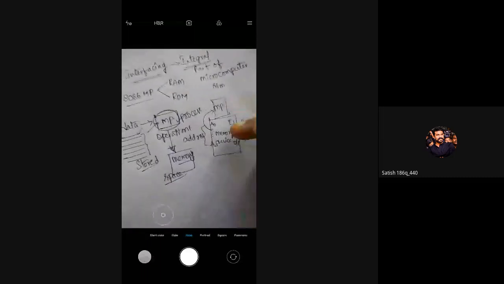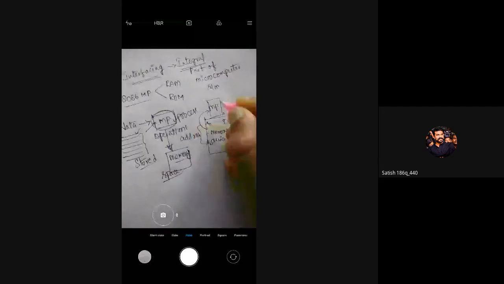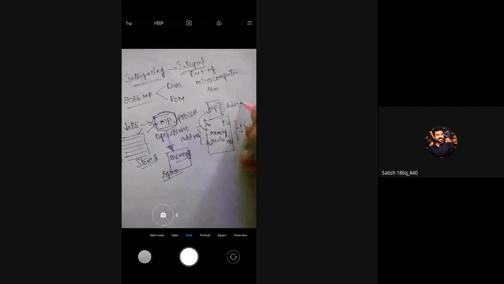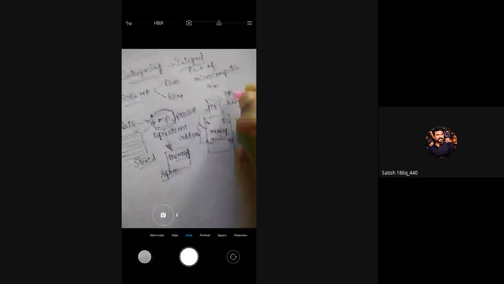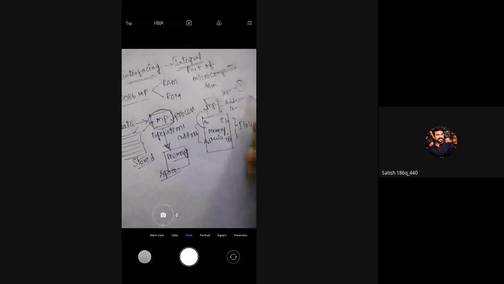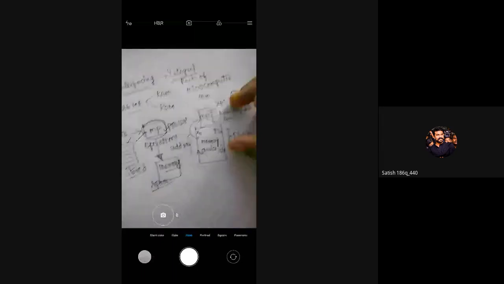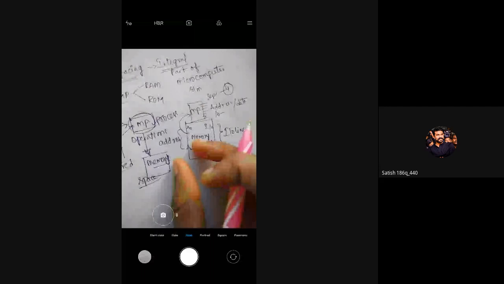The microprocessor also contains address and data lines, some multiplexed and some separate: you have 4 separate address lines and 16 multiplexed address data lines. We want to interface the microprocessor to the memory device.